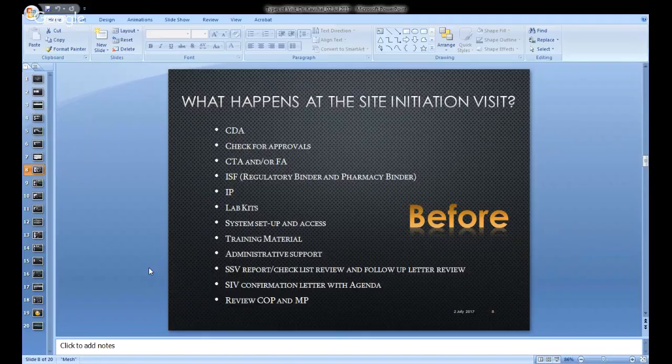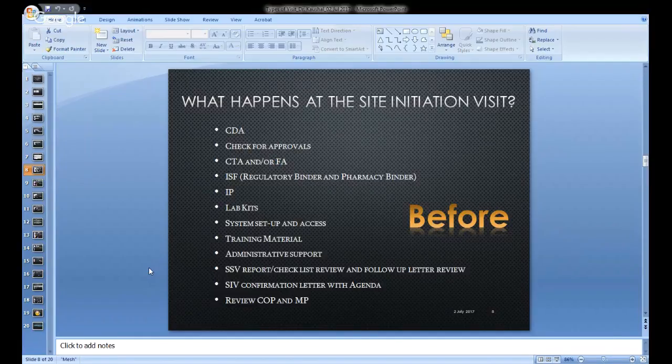The previous visit was the site selection visit. That's right. So review the report. This will help you understand what was pending, what the action items were, or what needs to be checked or confirmed during the next visit. These things will help you in confirming and discussing the same during your site initiation visit.